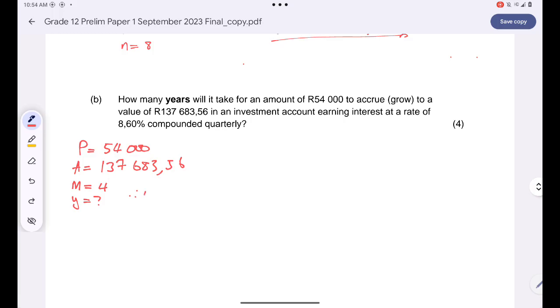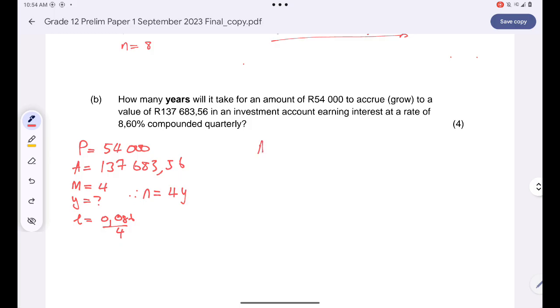Remember guys, n is always equal to the number of years multiplied by the compounding periods. So n is 4 multiplied by the number of years, and our quarterly interest is 0.086 divided by 4. So all we are looking for, guys, is the number of years. We are looking for y.